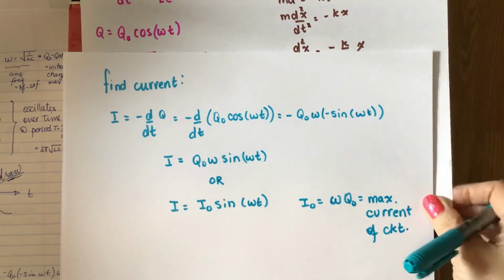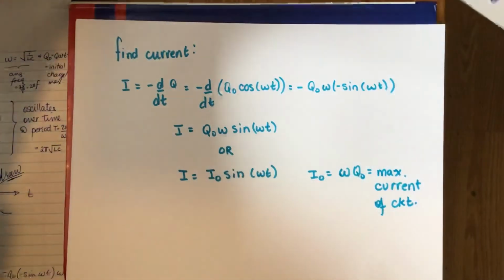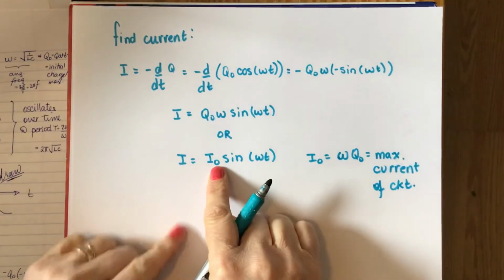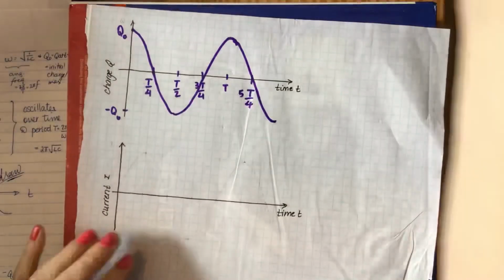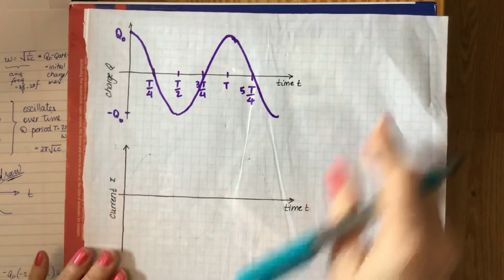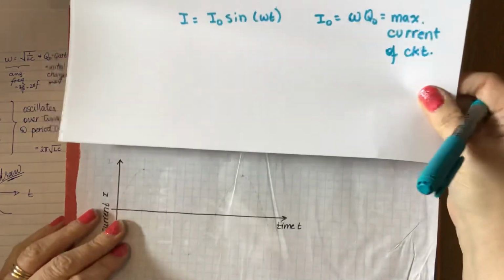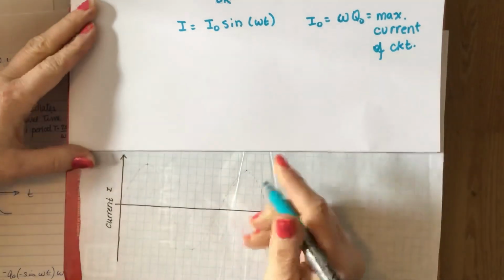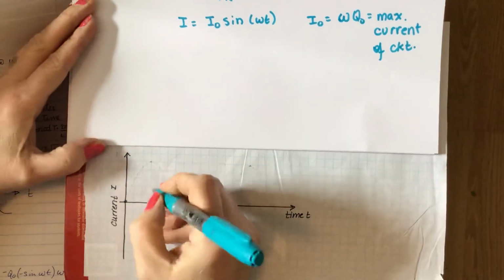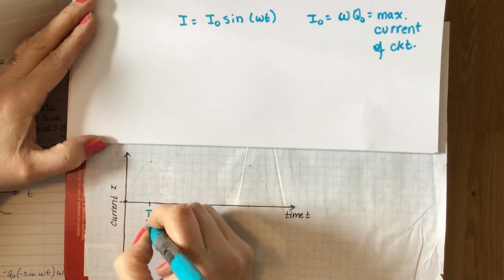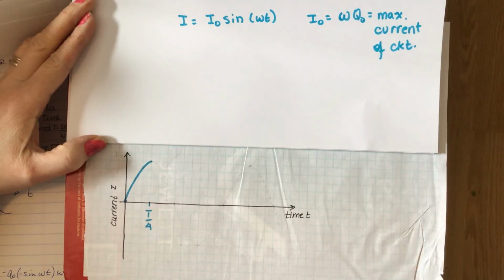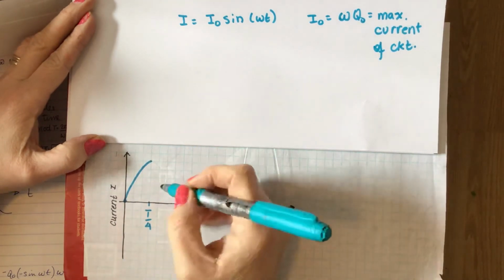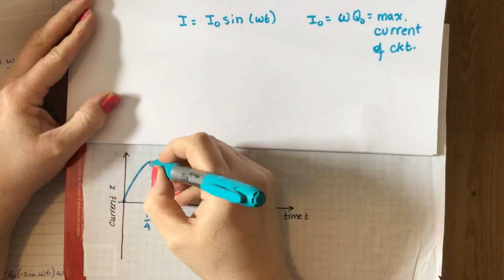So if we wanted to draw this on a graph, we certainly could. Our current will go back and forth between I0 and minus I0, and it will go as a sine function. Just grab our graph paper again. So current as a function of time goes as sine. Sine starts at 0. A quarter of a period later, it gets to a maximum. So that shows us what we talked about in the beginning. After a quarter of a cycle, we hit a maximum current.